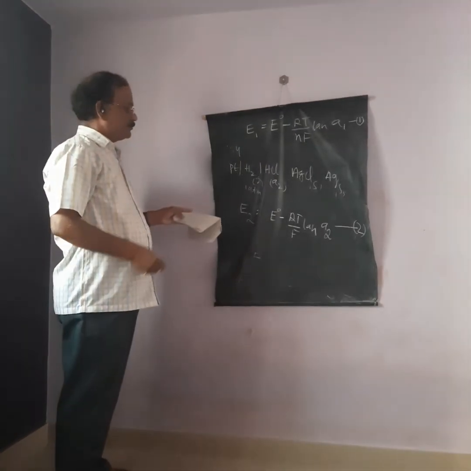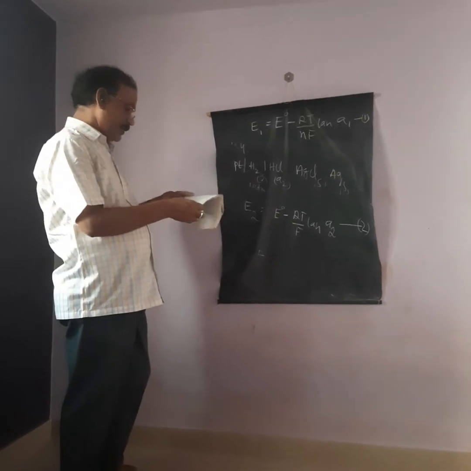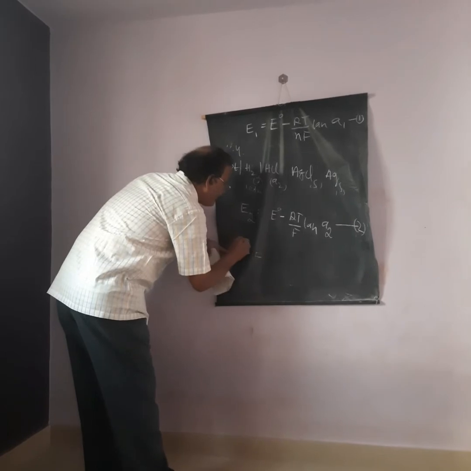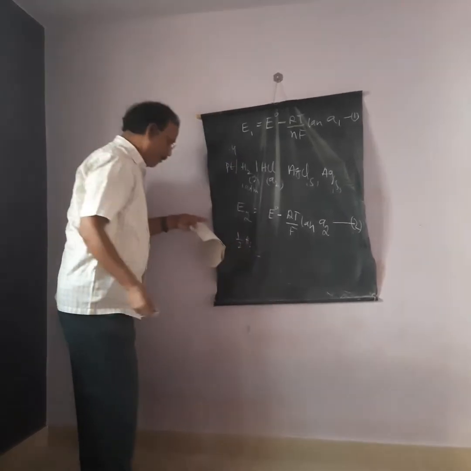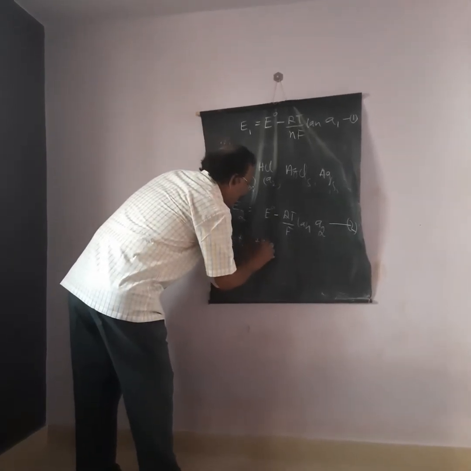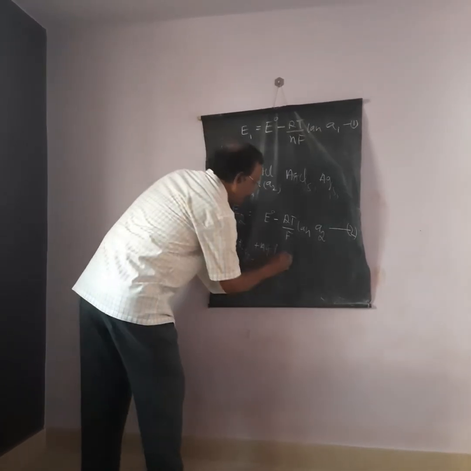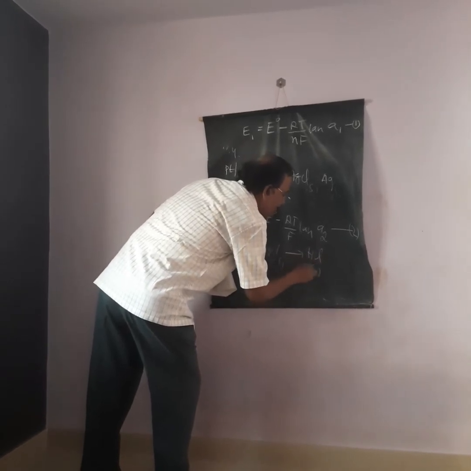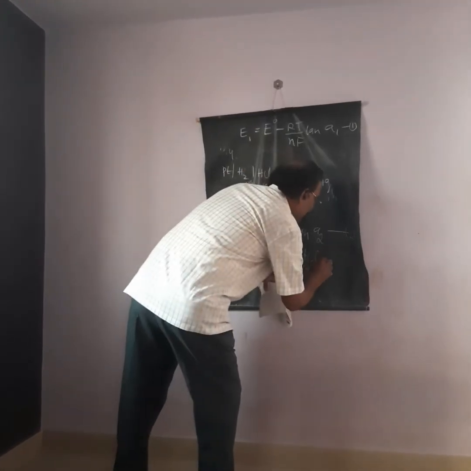And here also, the overall reaction is given by half H2 gas plus AgCl solid gives rise to HCl at activity A2 plus Ag solid.